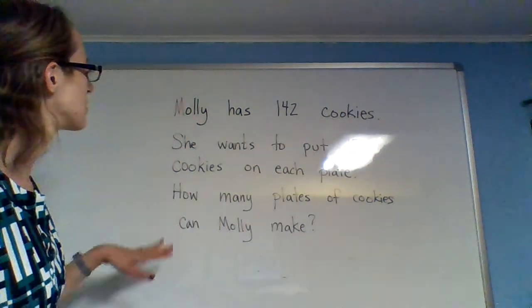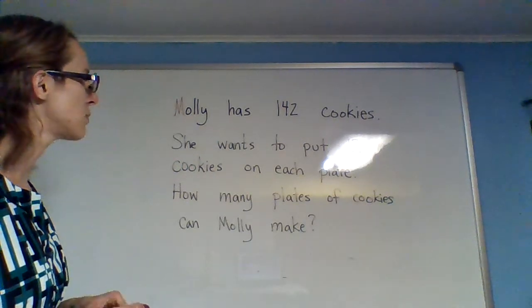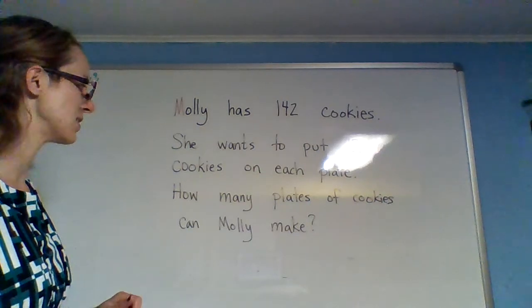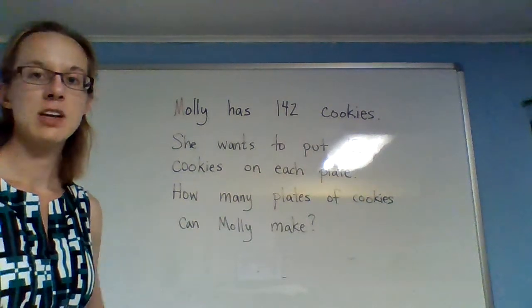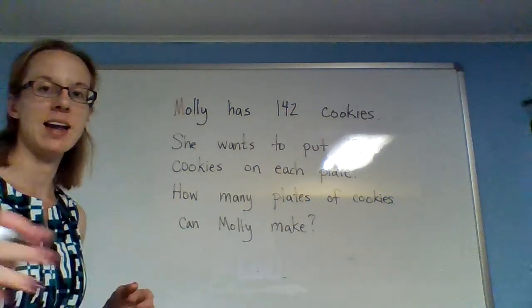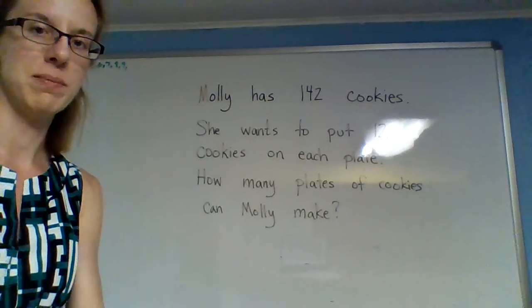So our first word problem says this: Molly has 142 cookies. She wants to put 12 cookies on each plate. How many plates of cookies can Molly make? So I like to go through first and fill in or find the numbers that are important to the problem.